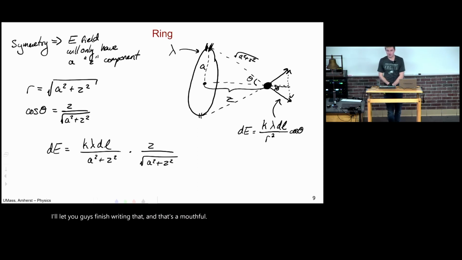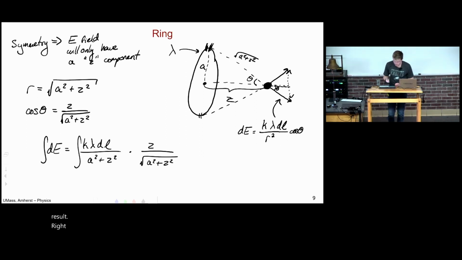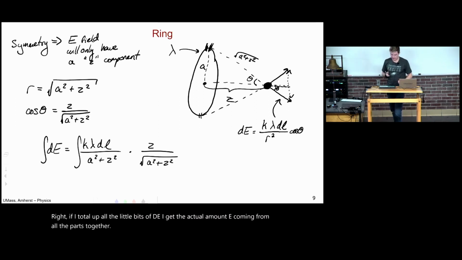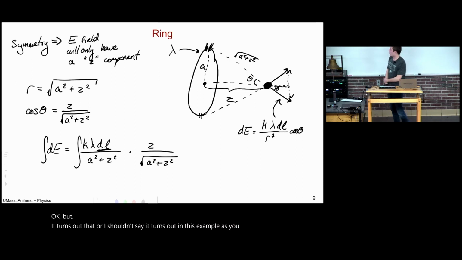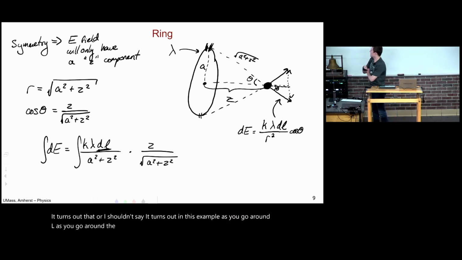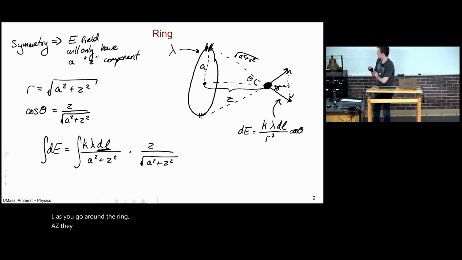Okay, and now all I have to do is integrate this over all the L's, and then I have my result. Right? If I total up all the little bits of dE, I get the actual amount E coming from all the parts together. Okay, but in this example, as you go around the ring, a and z don't depend on which L of the ring you're investigating.